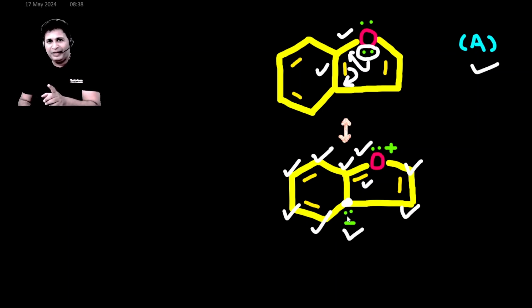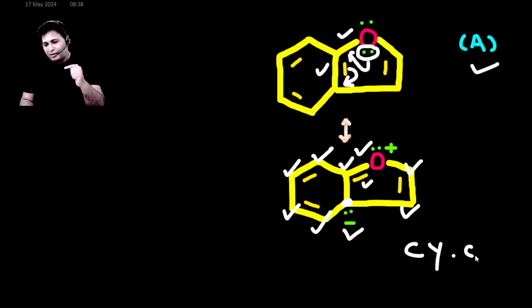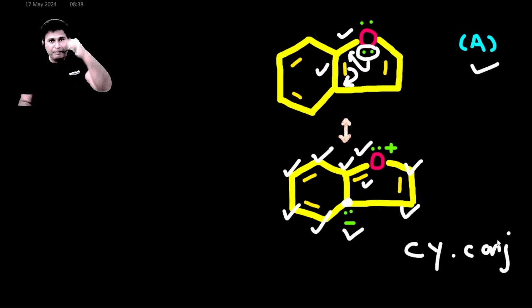Again, I am repeating: minus charge, single, double, single, double, single, double, single, double. And in this process, you have come back to your original position. You have completed the whole cycle, and in this course you have included all the 9 atoms of the cycle. So you straight away find, oh, there is a cyclic conjugation in this 9-membered cycle.